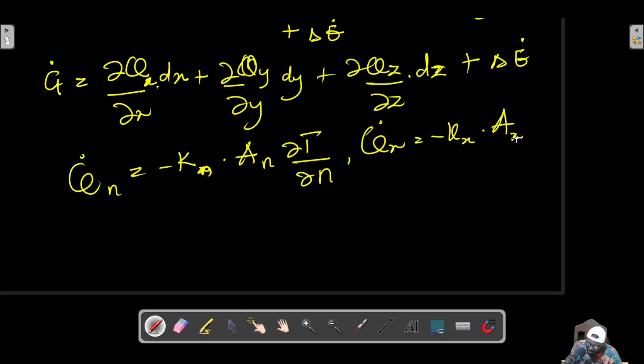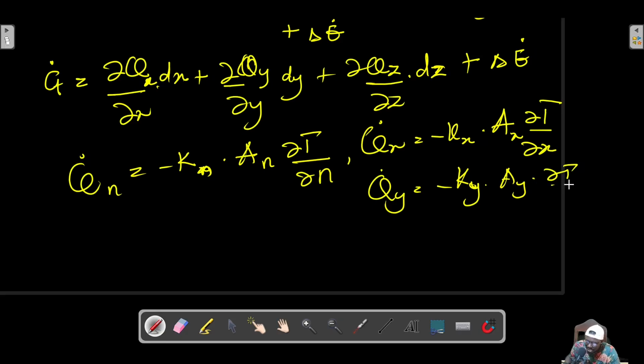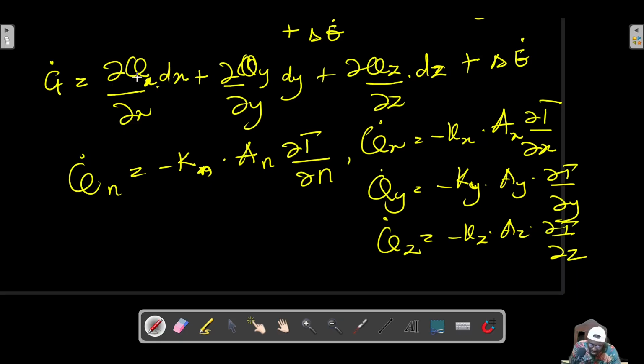If I say A subscript x, then we are saying that particular area is perpendicular to the heat flux along the x-axis, times del T del x. For Q subscript y dot, it will be negative k subscript y, A y, del T del y. For z, it will be negative kz, az, del T del z. So we substitute this into the differentials here. Then we continue.